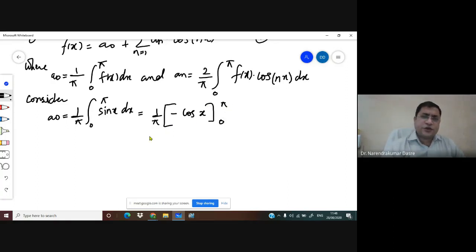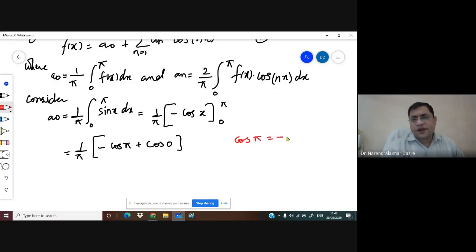The limits are from 0 to pi. Okay, so let us apply this. So we have 1 upon pi, minus cos of pi minus minus plus cos of 0. What we know is cos of pi is equal to minus 1, and cos of 0 is equal to 1.